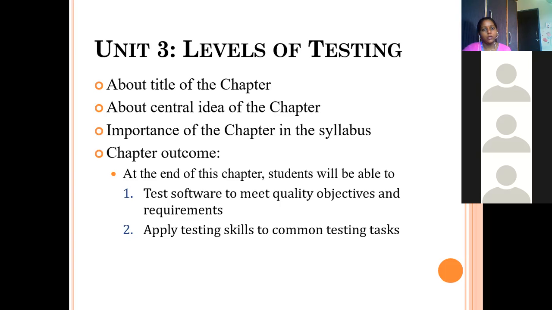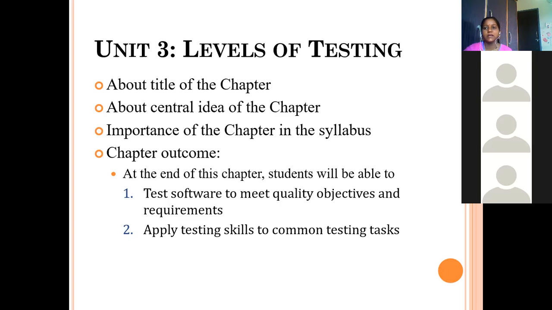And the chapter outcome: at the end of this chapter, the student will be able to... almost for the first section, we are mostly focusing on the first two COs, chapter outcomes, here. The first one is to test the software to meet the quality objectives and requirements. That is the first CO. And the second is to apply testing skills to common testing tasks.